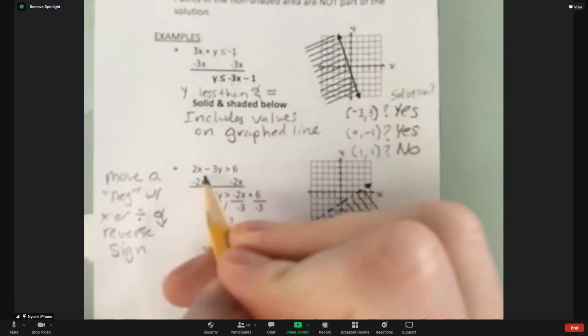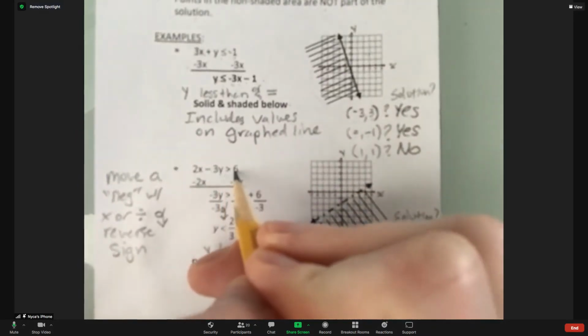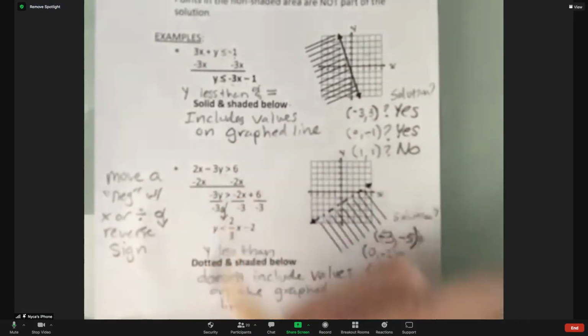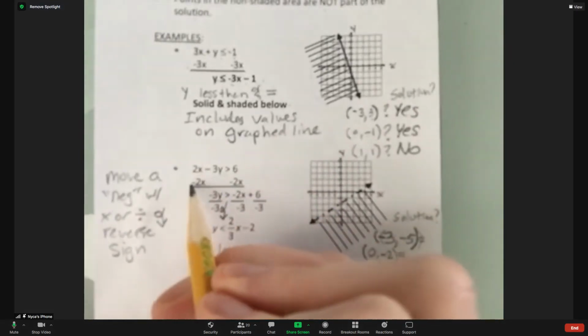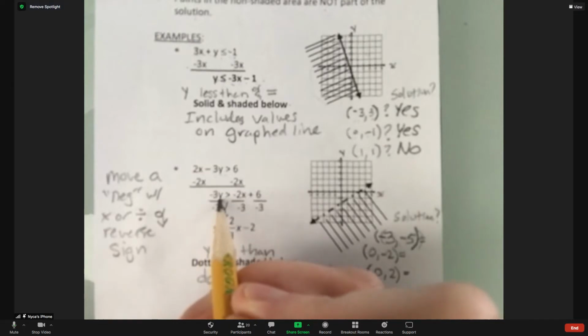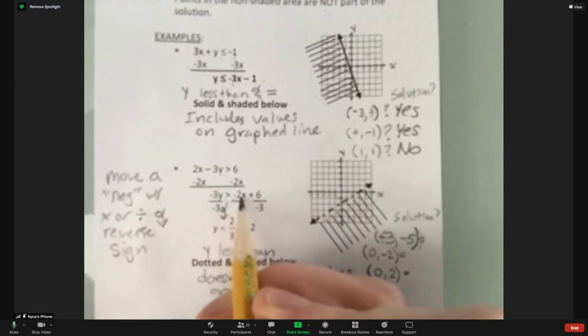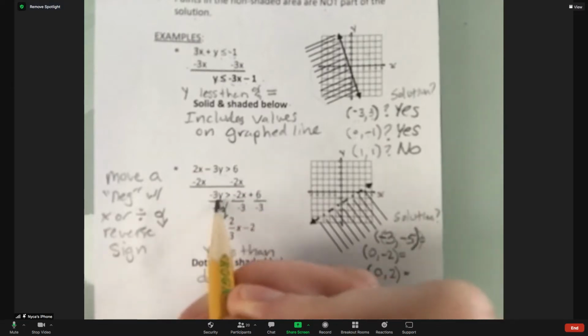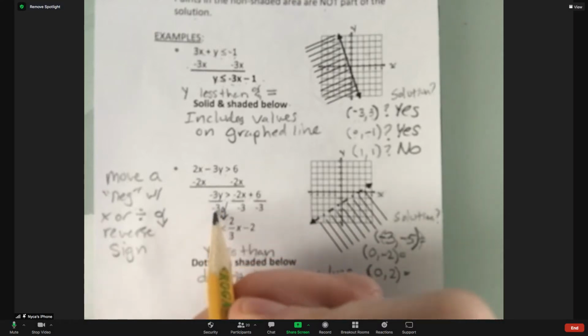You see 2x minus 3y is greater than 6. You must get the y by itself. So to do that, you have to subtract 2x from both sides. So then you have negative 3y is greater than negative 2x plus 6. Keep in mind, the y is still not by itself. So right now, it's negative 3y. I must break the negative 3 from the y.